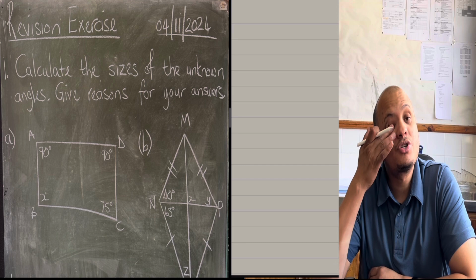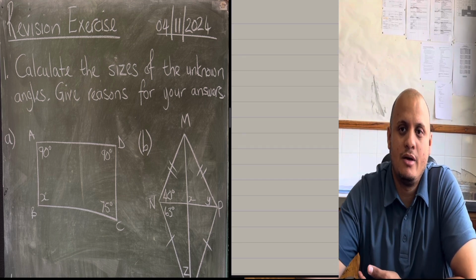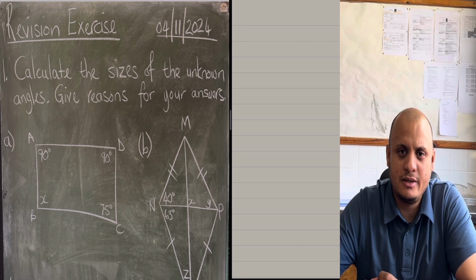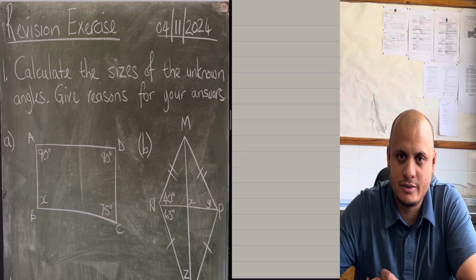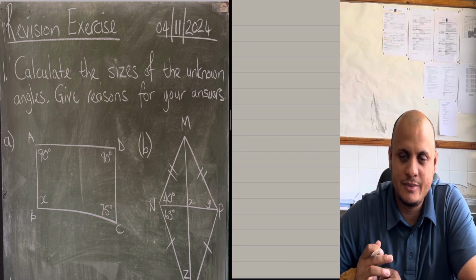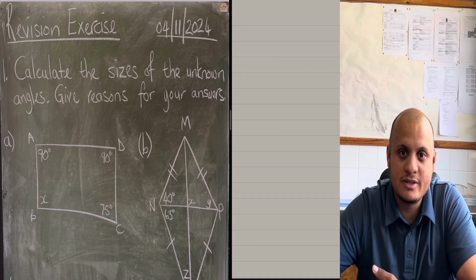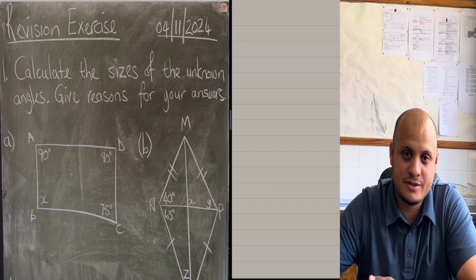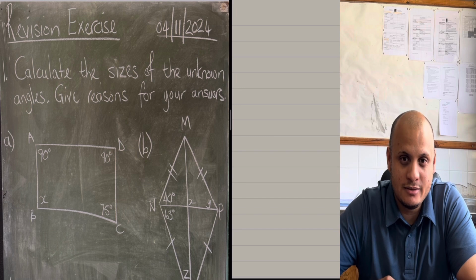Now, the approach that I've noticed in class is that the first thing that everyone jumps to with this problem is that this is a rectangle, which it's not. The only thing that we can see from this diagram is the fact that it is a quadrilateral. That is the only evidence there is, and that is the fact that it's a 4-sided figure, so a figure with 4 sides, and it is a quadrilateral.